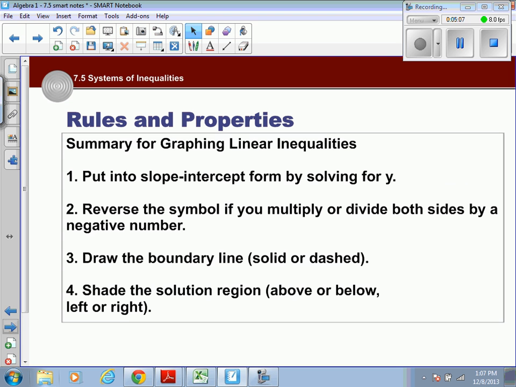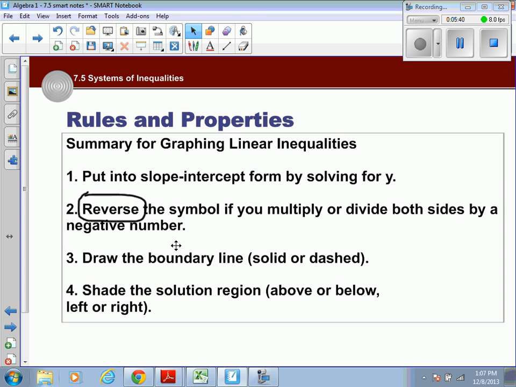So to summarize, one of the first things we want to do is put the linear inequality into slope-intercept form by solving for y. And remember that when you're solving inequalities, if you have to multiply or divide both sides by a negative number, we have to remember to reverse the inequality symbol.